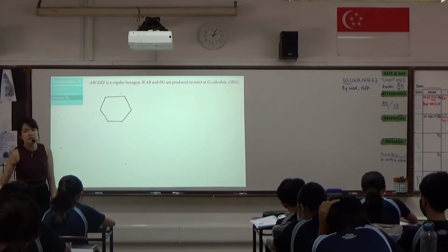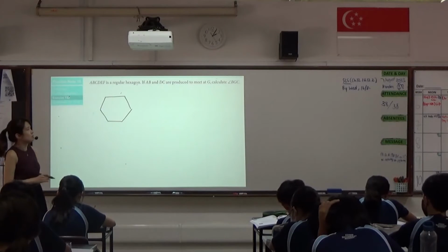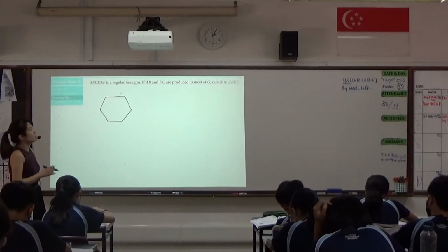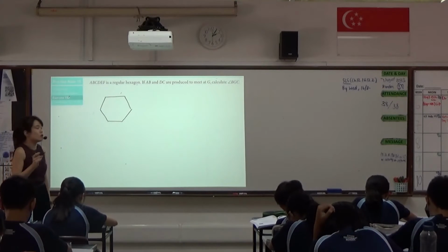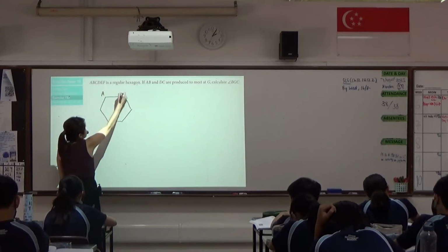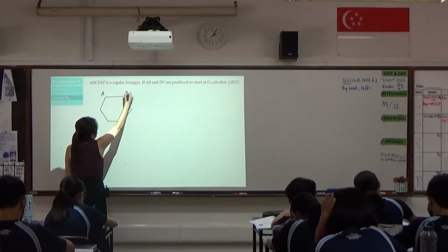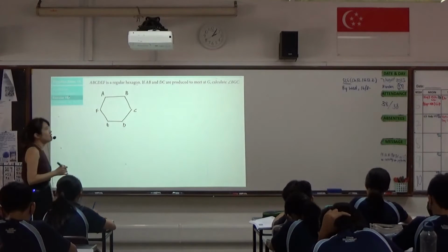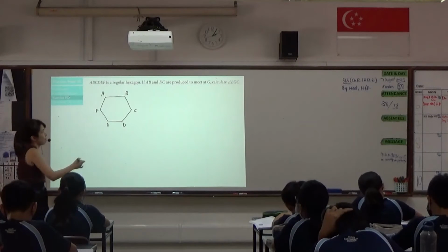Now, to label the vertices, meaning to say label the corners, it also doesn't matter where you start, so long as you go in a clockwise or an anti-clockwise manner. So let's say I start here, then I go in a clockwise manner, and this is how my hexagon will be labeled.